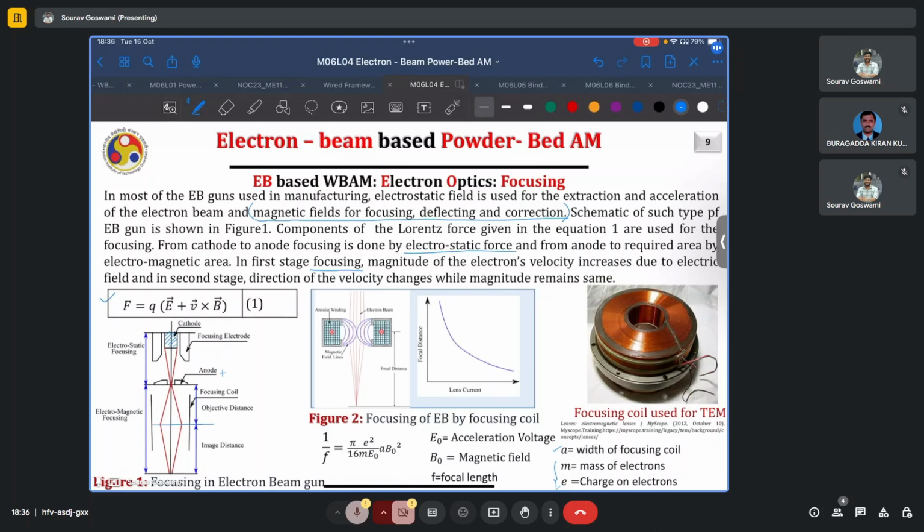And thus we can see that the focal length F varies inversely with the square of the magnetic field strength. Now the magnetic field strength itself directly varies with current, so it is also possible to say that the focal distance varies inversely with the square of the strength of current. Such variation is also shown here in this plot.